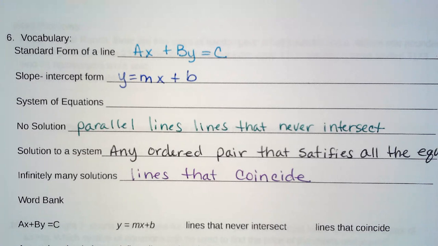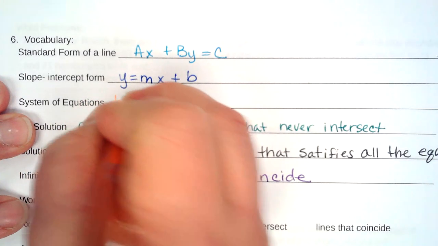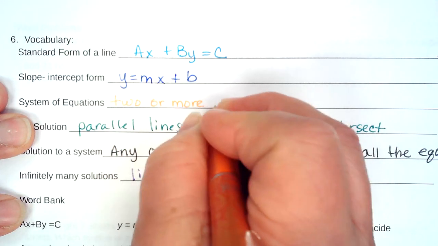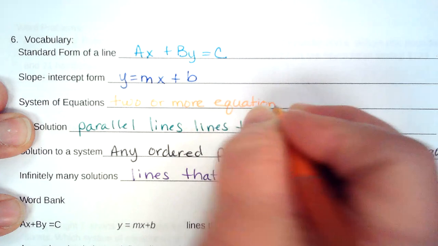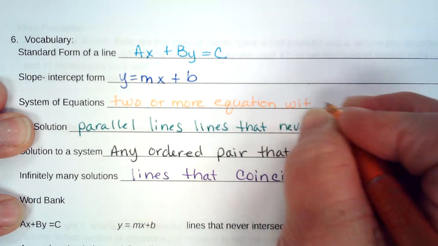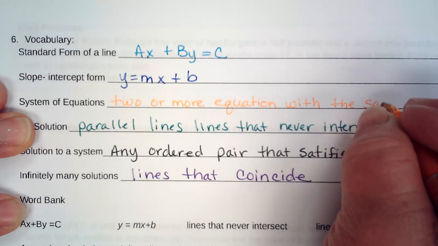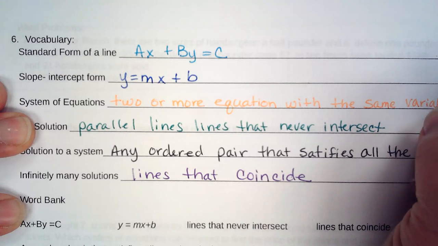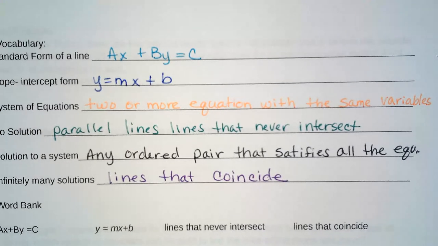System of equations are two or more equations that have the same variables.